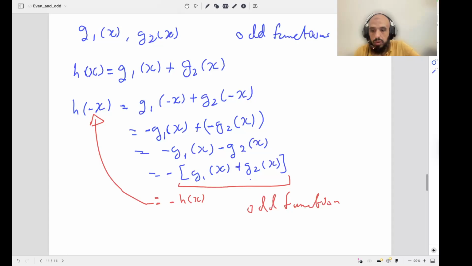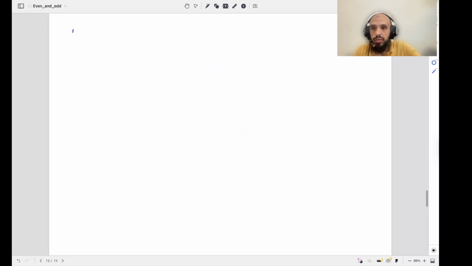Okay, now what about the difference? If we have another function h of x equals g1 of x minus g2 of x, what's h of negative x?